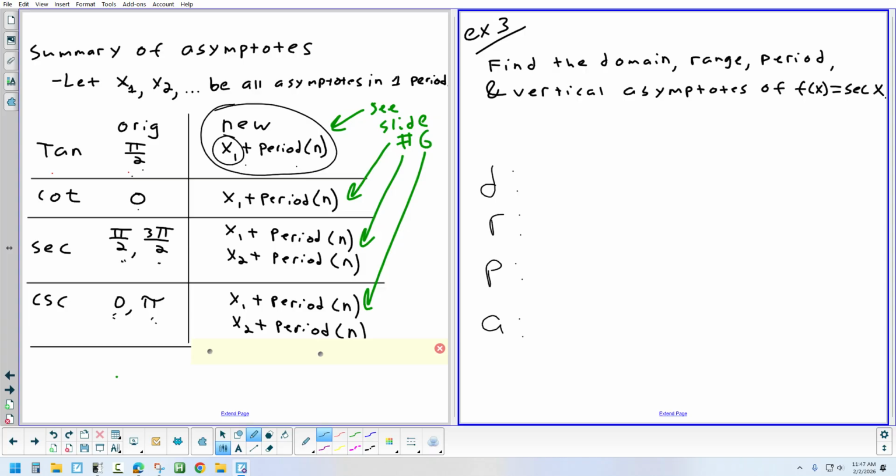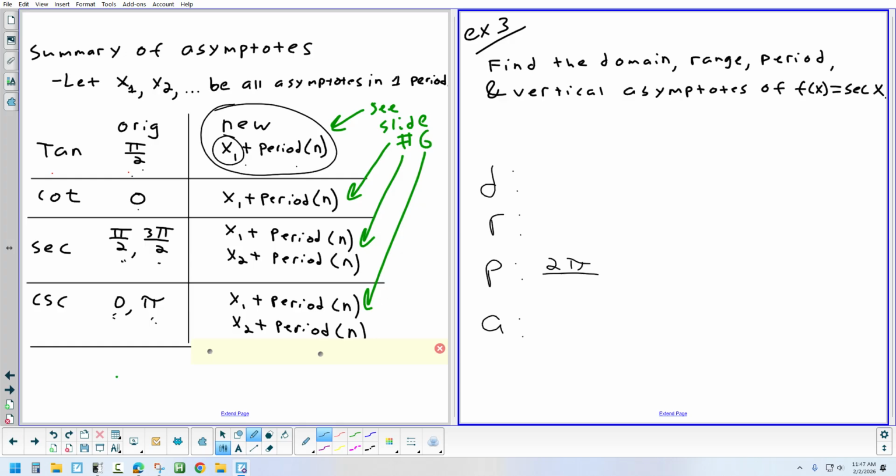Well, just read the question and it'll tell you basically what they want you to do. Secant, yeah. So the trig function is secant. What's the formula for the period of secant? Would it be 2 pi over b? Yep, it's 2 pi over b.